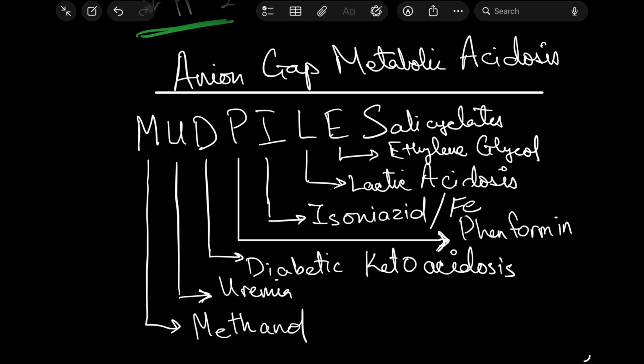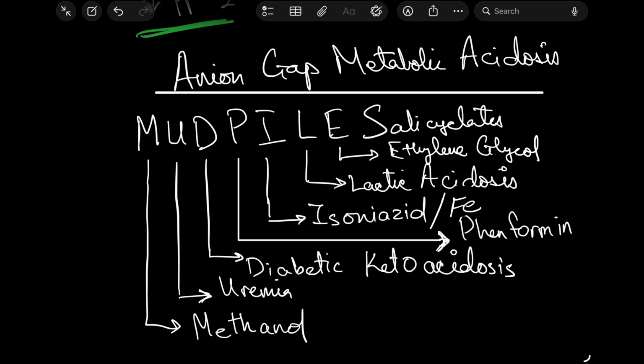And the technicians and doctors used to think, hang on, blood has to be electrically neutral, otherwise there'd be a charge to it. So what's going on? And they found that this gap would always exist between the realm of 8 to 12 milliequivalents per liter. That gap basically referred to all the unmeasured anions in the body, like proteins and sulfates and all that extra stuff that the machine couldn't measure, like sodium, potassium, chloride, or bicarbonate.